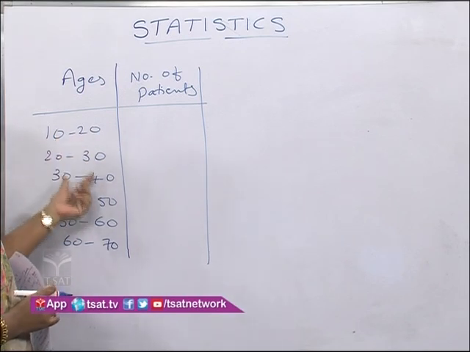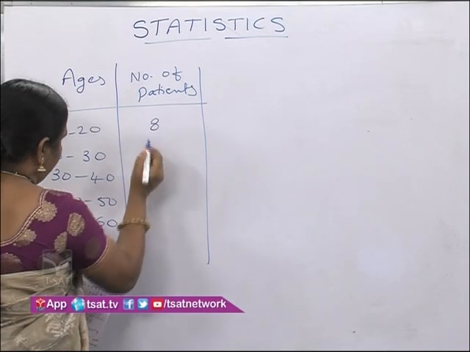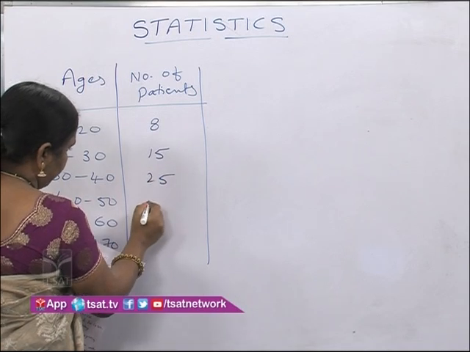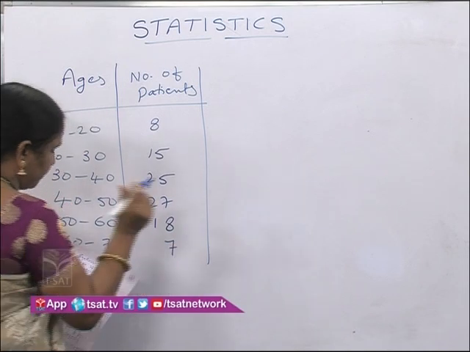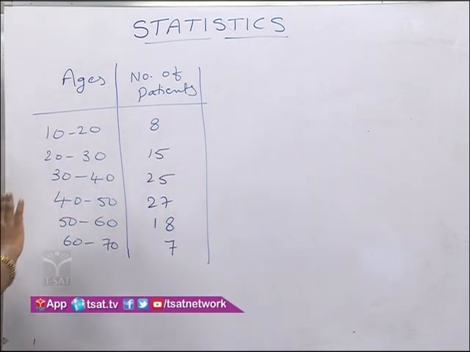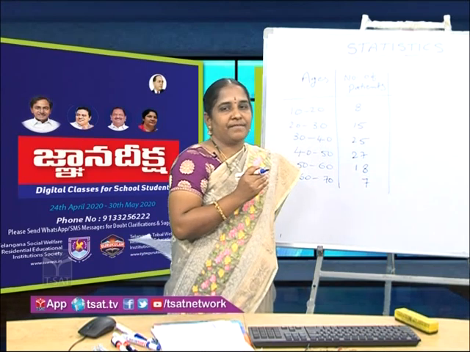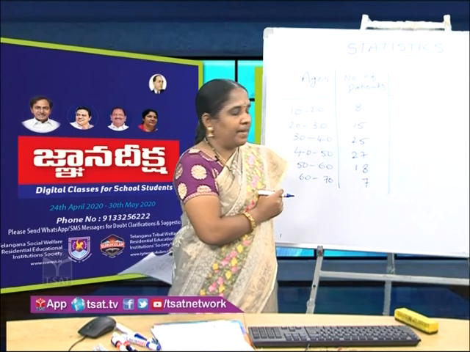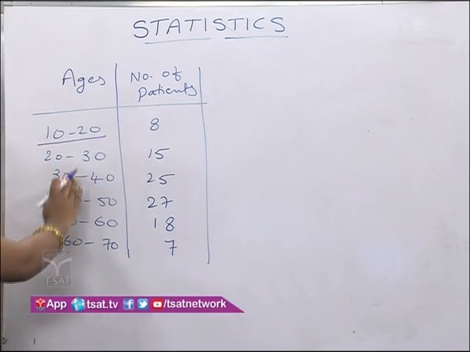Now, these are the small groups, and here the number of patients, which is nothing but the frequency, is 8, 15, 25, 27, 18 and 7. So, this is a grouped data. As we visited our friend's house to analyze everything, here we are just looking at the grouped data which is already prepared. When you look at this grouped data, you find small groups such as 10 to 20, 20 to 30 and so on.